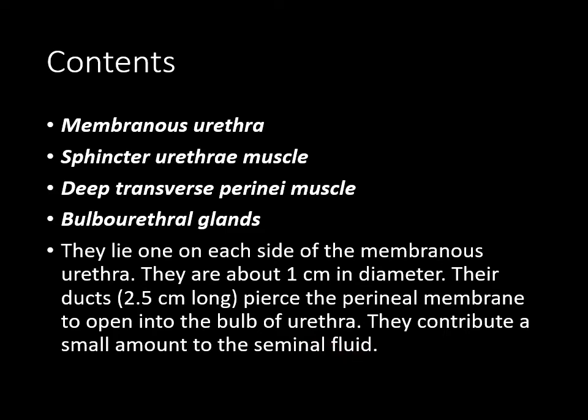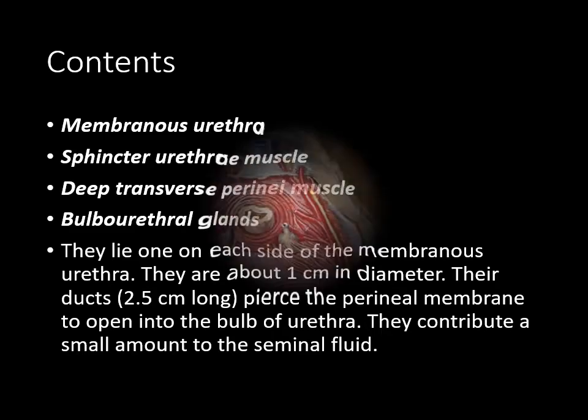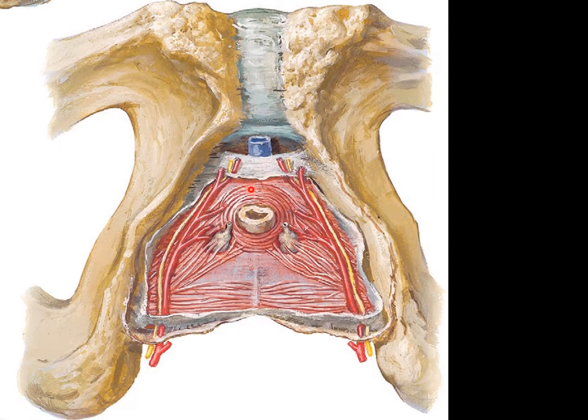Let me show you the boundaries clearly. In this picture you can identify clearly the boundaries of the deep perineal pouch. Anteriorly we can identify this boundary is the transverse perineal ligament, and behind is the perineal membrane.